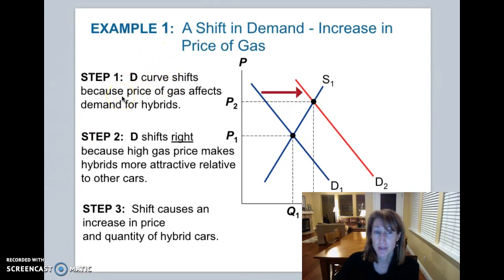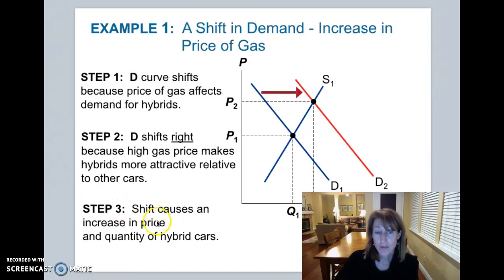And in this case, because it's the price of gas affecting the demand for hybrids, it means that fewer people want to buy that substitute good, the cars that use gas, and so they actually choose to buy more of the hybrids. So all else being equal, step two shows we've shifted the curve to the right. Higher gas prices make hybrids more attractive. That's a change in a price of a substitute good.